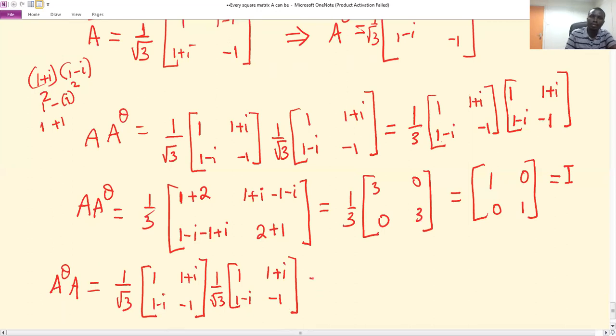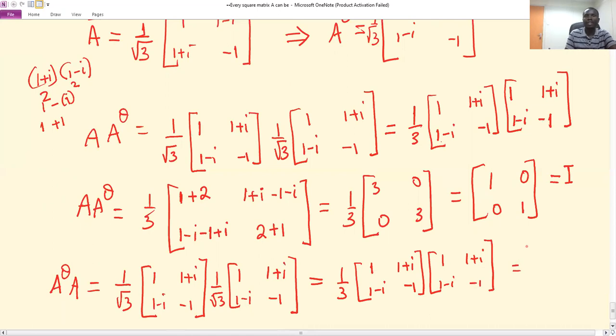So this is the same as 1 over 3, and we have 1 plus i, 1 minus i, and then minus 1 times 1 plus i, 1 minus i, minus 1.